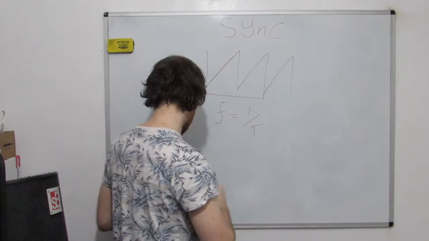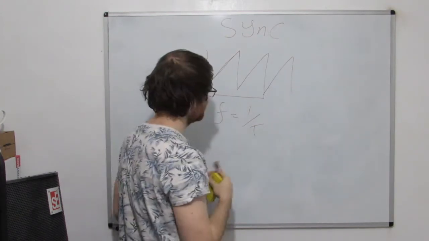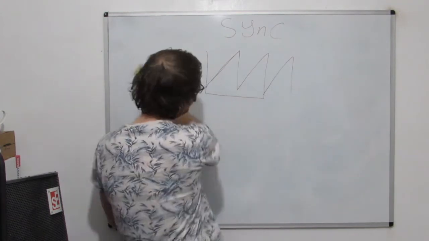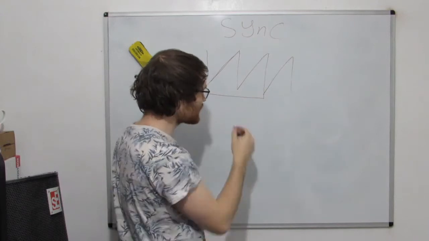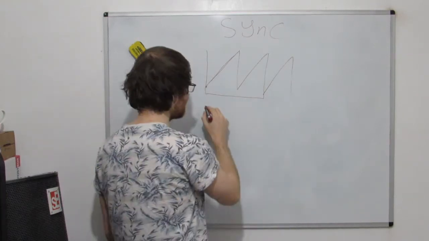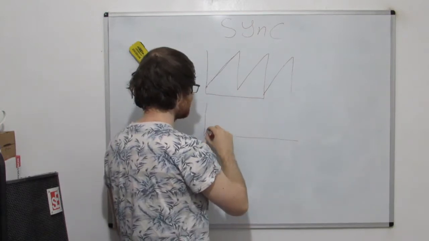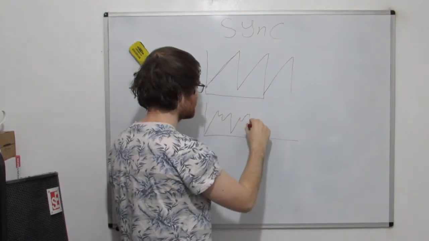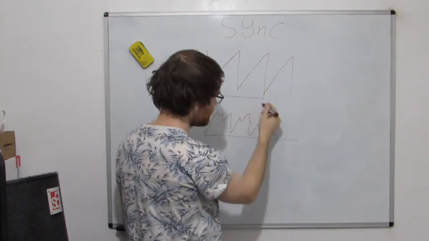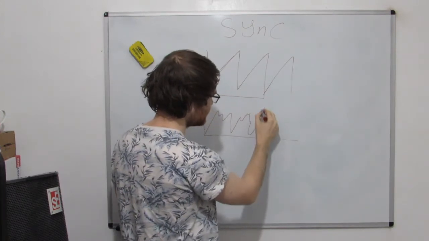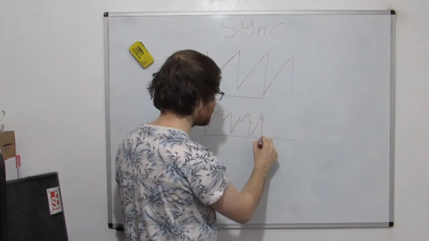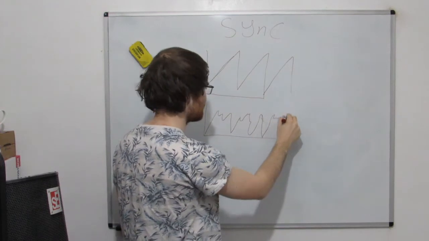So basically, what a hard sync does is, at the end of this period, you take another oscillator that's, say, running alongside this. Let's just assume it has a different shape. It's some other periodic thing. But at the end of this, it just forces it, boom, to reset and start again.